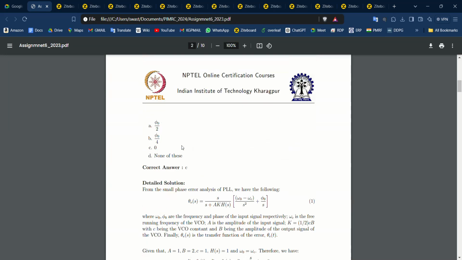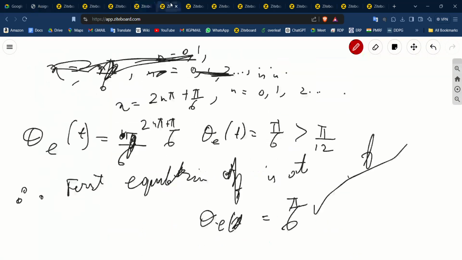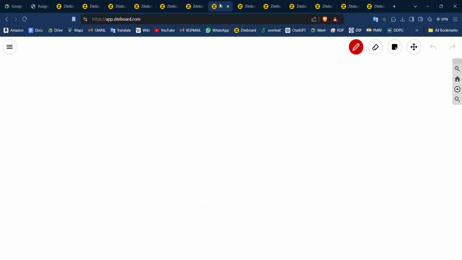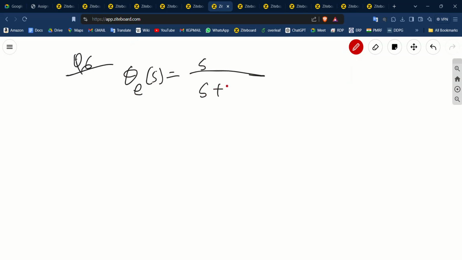The small phase error transfer function is given as theta_e(s) is equal to s by (s plus A K H(s)) into (omega minus omega naught minus omega c) by s squared plus phi naught by s.